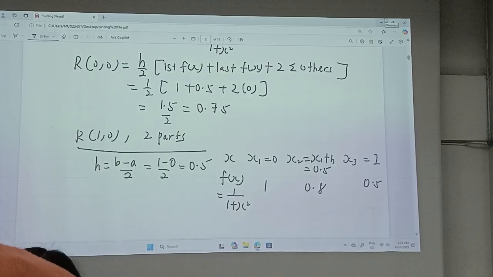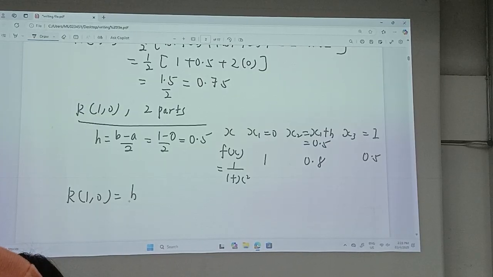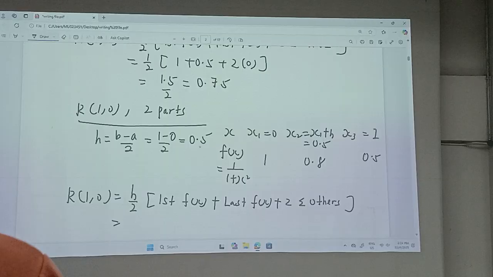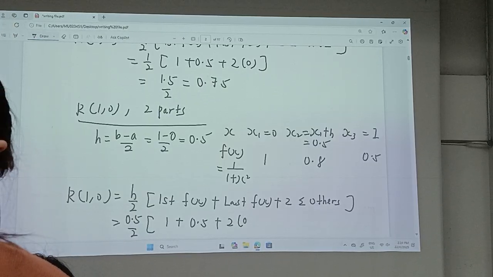Okay. So now we can apply the trapezoidal rule to get R10. h over 2 again. First f(x) plus the last one, plus 2 times the summation of others. So h equal to 0.5. First one equal to 1, last one equal to 0.5, others only 1, 2 times 0.8.